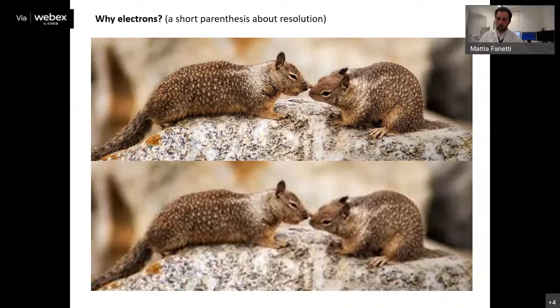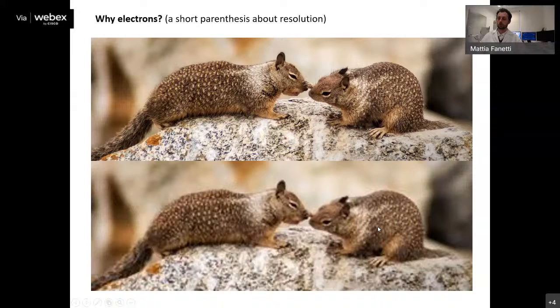So, for example, in this bottom picture, which is at lower resolution, we cannot distinguish very well the different hairs of the Squirtle, while here we can distinguish them better. I can see that these are different. Here, I cannot see that they are.